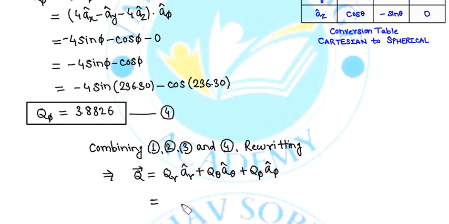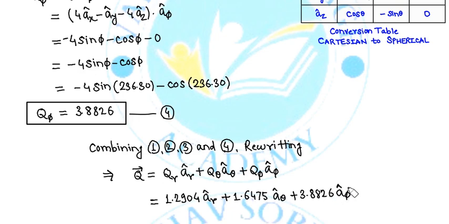Now put the values of q r, q theta and q phi. So you will find that q r is 1.2904 ar cap, q theta is 1.6475 a theta cap, and q phi is 3.8826 a phi cap.